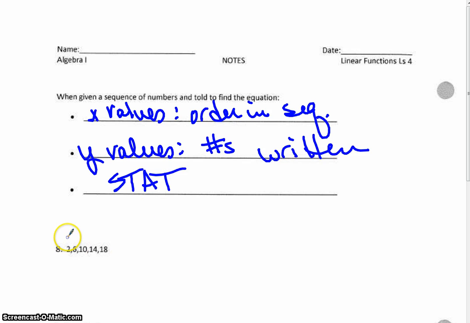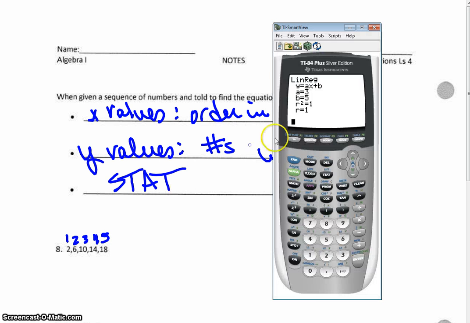So on this one we have 1, 2, 3, 4, 5 values in our sequence, and so when I go to stat, edit, my X values are 1, 2, 3, 4, and 5. And my Y values are 2, 6, 10, 14, and 18.